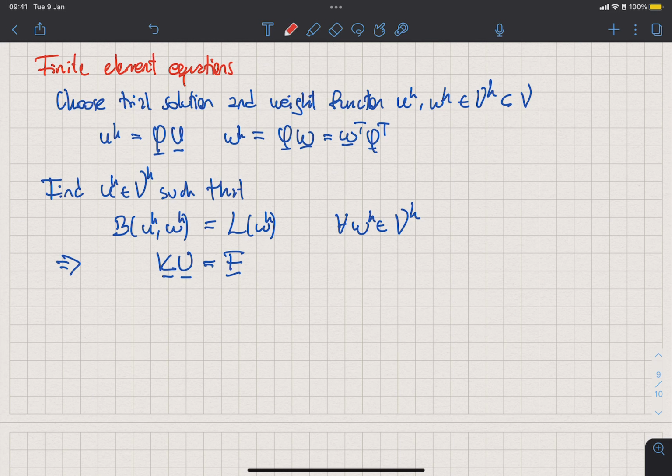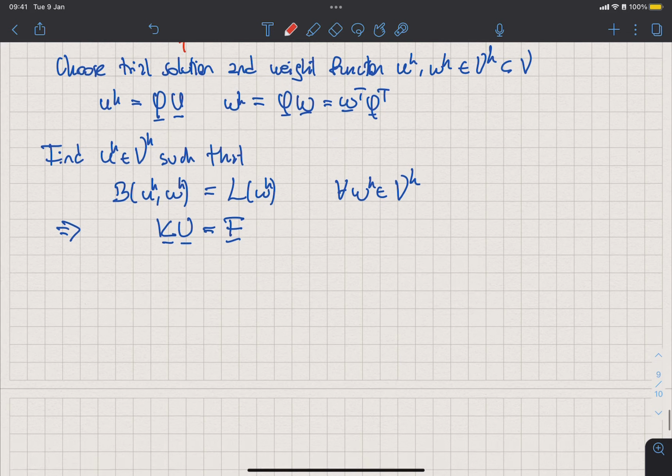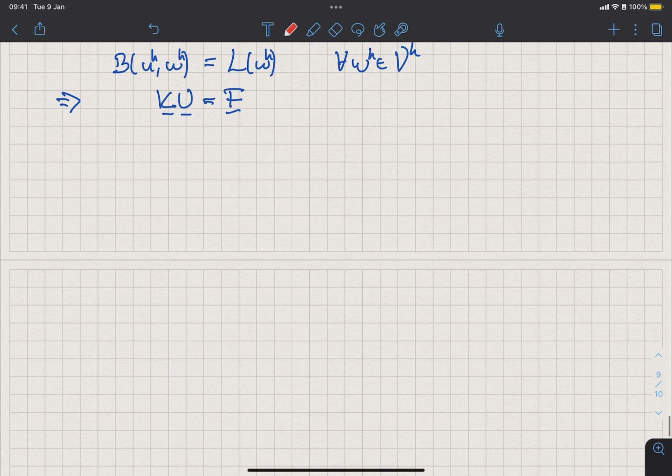Once we do the projection with these functions that we're taking from the same space, in which case we have, again, the Bubnov-Galerkin approximation, then we obtain something that in abstract form looks pretty much the same as the weak form, only that we have replaced u by u_h and w by w_h, and that's it. And the process is, again, the same over and over, and that is what we're going to look at today when we look at elasticity in higher dimensions.